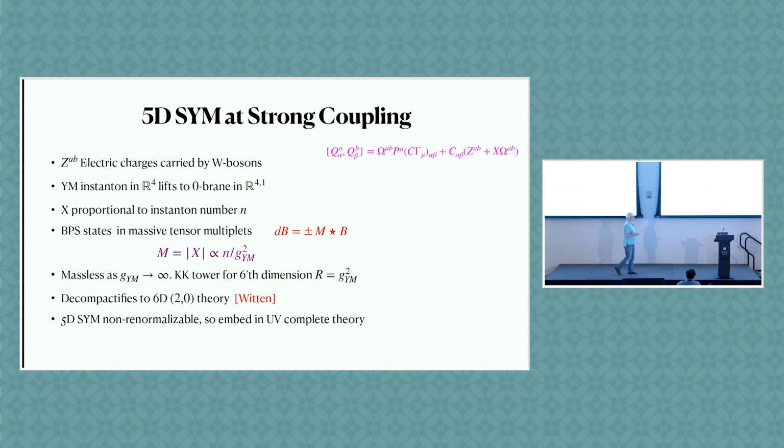And this 6-dimensional theory has (2,0) supersymmetry. That follows from the multiplets that these massive tensor fields fit into. The 5-dimensional super Yang-Mills theory is non-renormalizable, so we think about this story as being embedded in an ultraviolet complete theory.